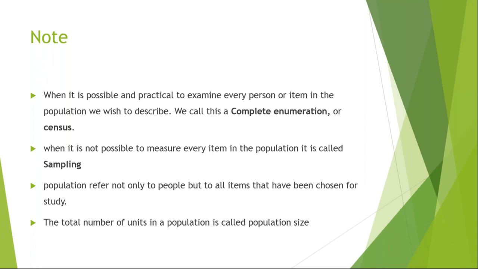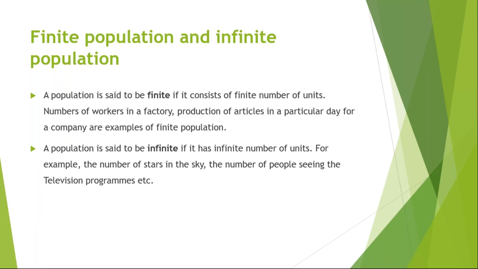The total number of units in a population is called the population size. So what's the population size of this group? 5,000, because the entire number of units that make up that population is 5,000. So we can now say the population size of that school is 5,000. All right, so let's proceed.